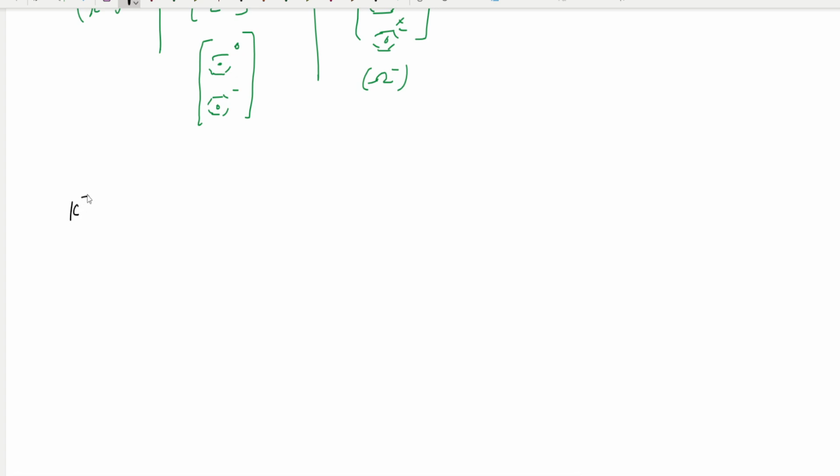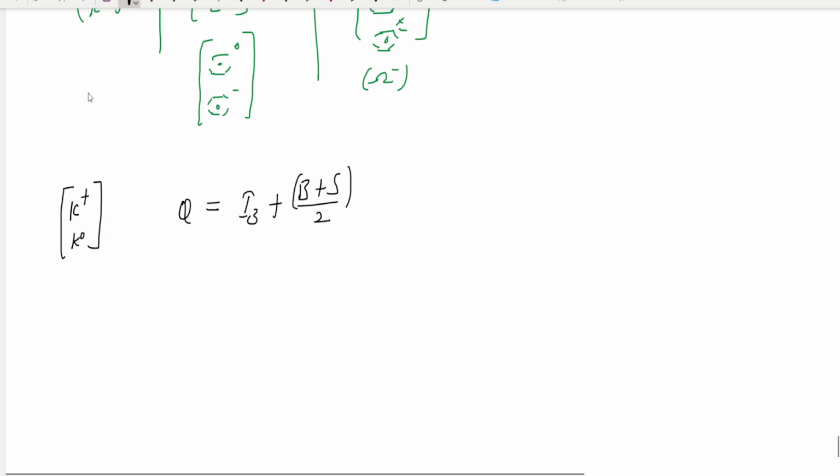So K plus and K naught. Q equals, for K plus, the formula: I3 plus baryon number plus strangeness number, divided by 2. This is the simplest step.